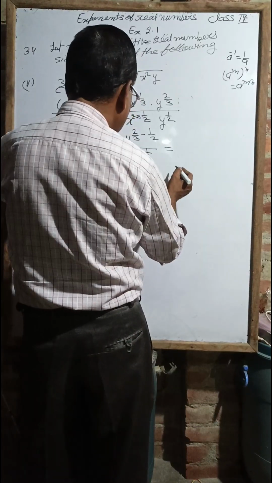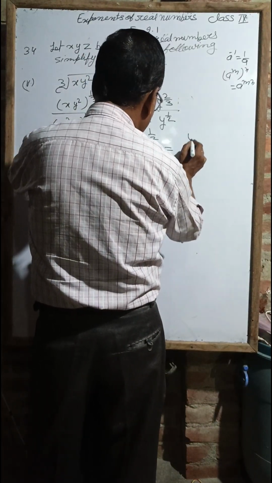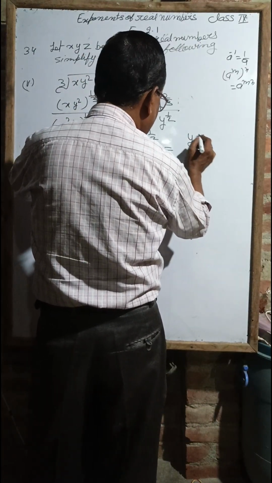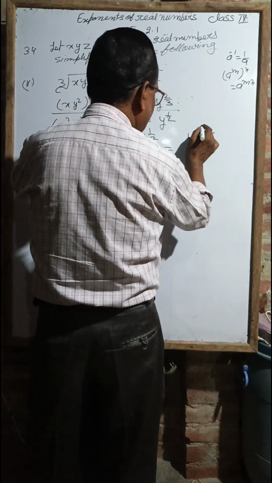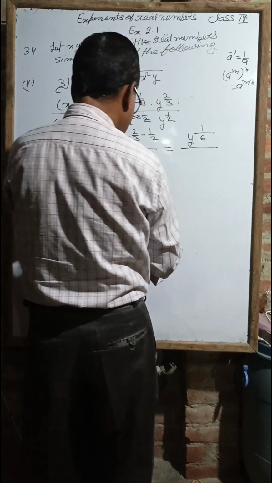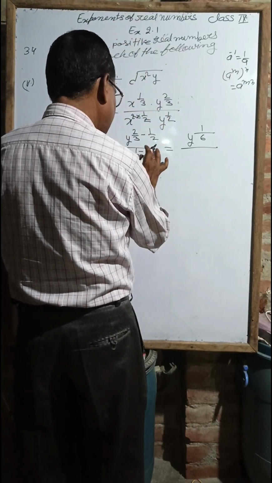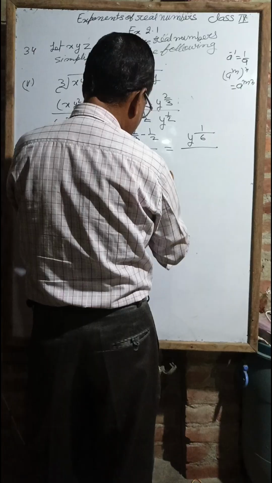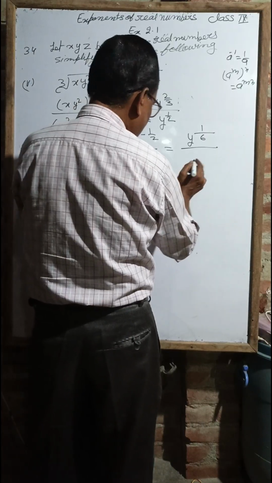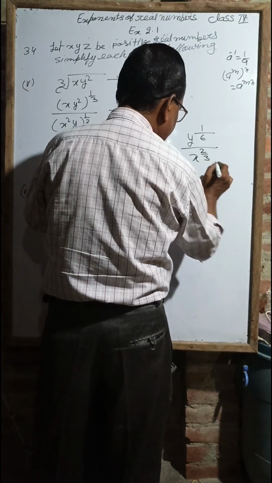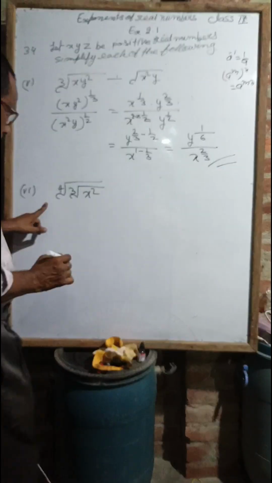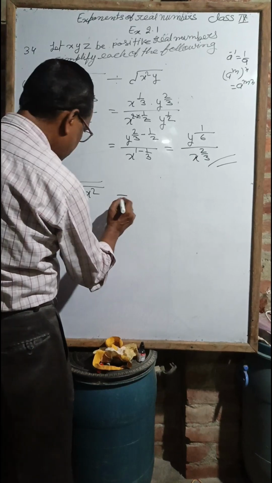Is equal to y raised to the power, take LCM 6, 4 minus 3, 1 upon 6, upon 3 minus 1 over 3, 2 over 3, x with power 2 over 3.